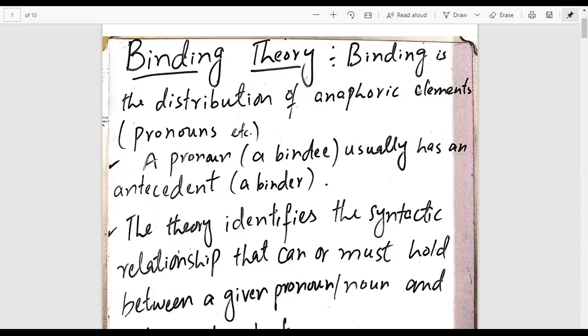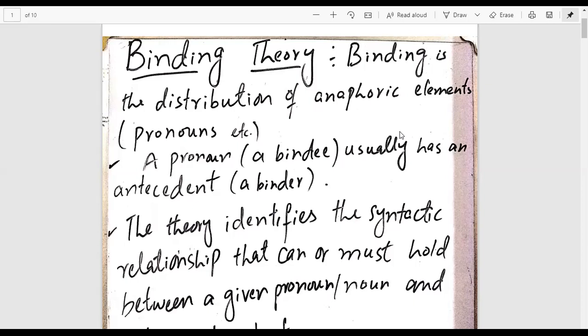Today let's see what is binding theory. Binding is a distribution of anaphoric elements, pronouns, etc. So if somebody asks you what is binding theory, you can say that it is a kind of distribution of anaphoric elements. What are anaphoric elements?